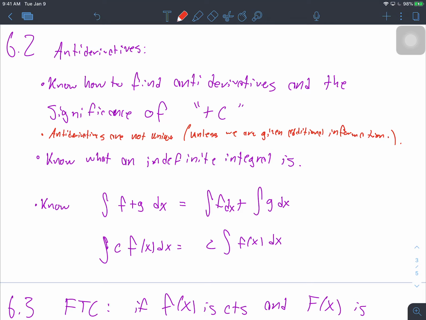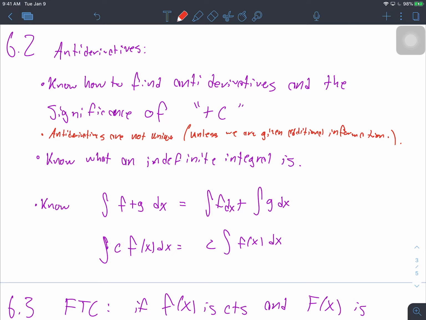Okay, so in terms of knowing how to do antiderivatives, you should know how to do the antiderivatives of polynomial functions. You should know how to find the antiderivative of a constant. You should know how to find the antiderivative of e to the kx.